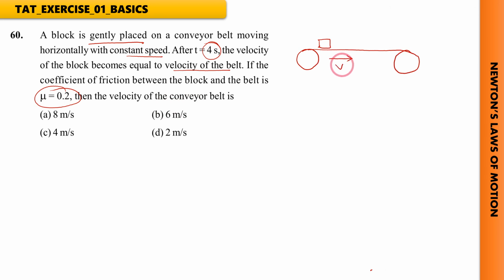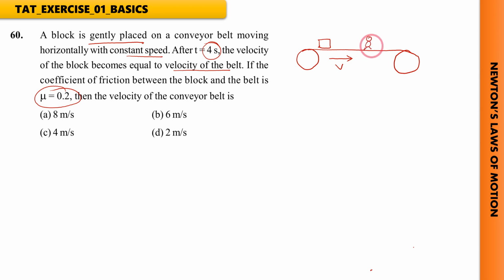Now as a ground observer, what you will see: the block was gently placed, so the initial velocity of the block is 0, and finally the block would be moving with the belt, so the block velocity will be the same as that of the belt, meaning V. But we will solve this problem with respect to the belt, which will become a little simpler.